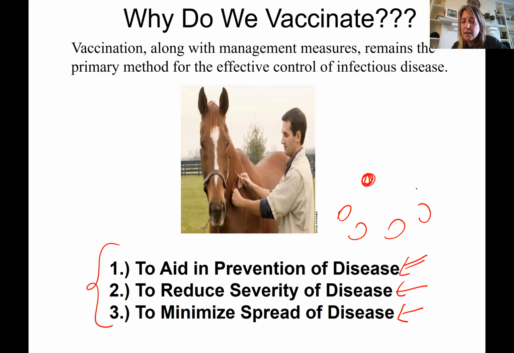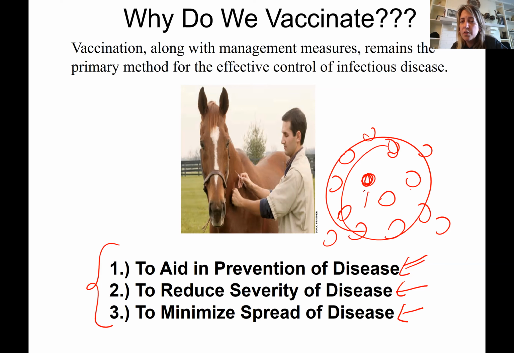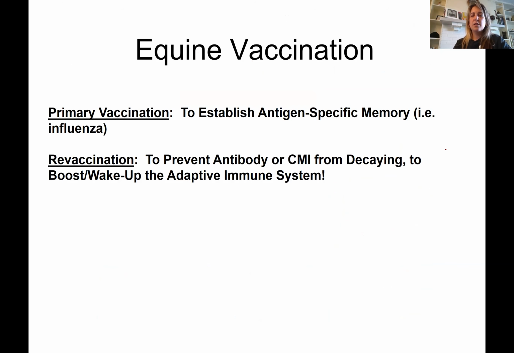But say you have a ton of animals here that are immune to the disease because they are fully vaccinated. It's going to be hard for this animal to actually get the disease, because one animal transmits to the other. But if all of them are immune, it's not going to be transmitted, and they're not going to get the disease. So that's the importance of herd immunity.